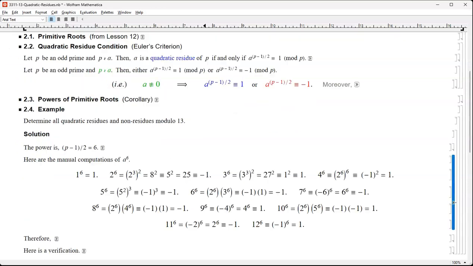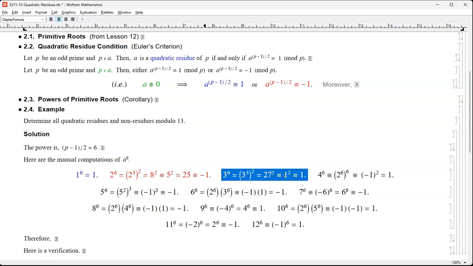So here are the computations of a to the 6th power. 1 to the 6th power is easy. 2 to the 6th power, I did here 2 to the 3rd power first and then square, but 8 is congruent to 5. 5 squared is 25. 26 minus 1, so that's congruent to -1. So, yep, that's a quadratic non-residue, and 1 is a quadratic residue. 3 to the 6th power, 3 to the 3rd power, and then square, and then 27 is 26 plus 1, so that's 1.